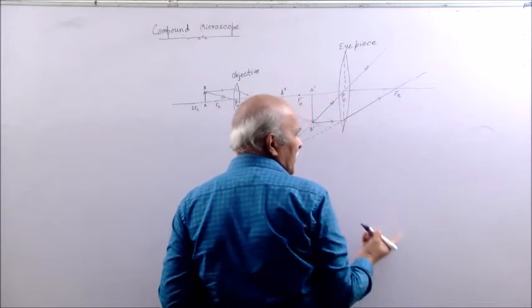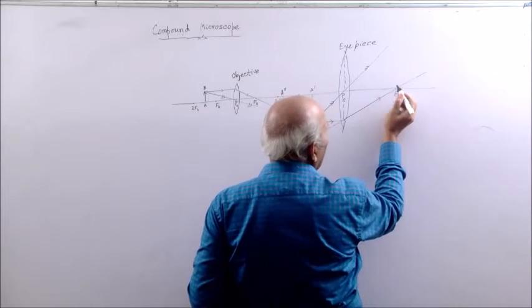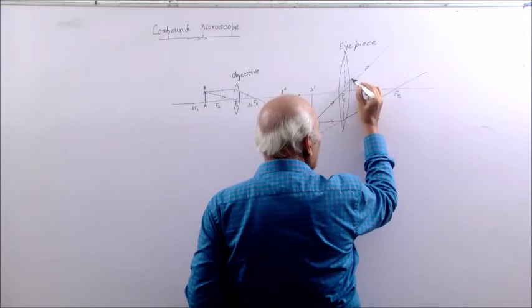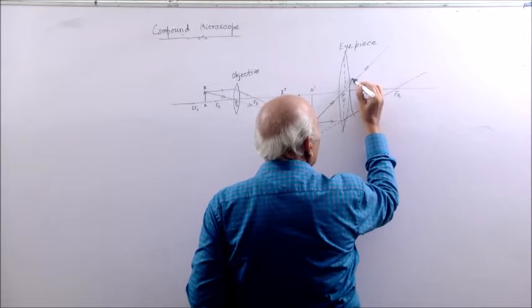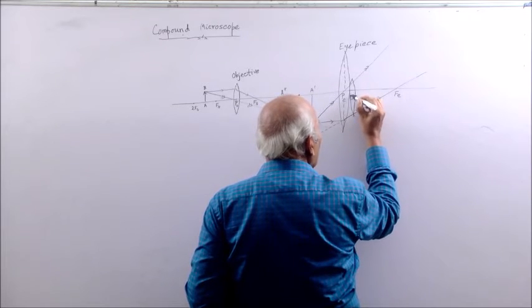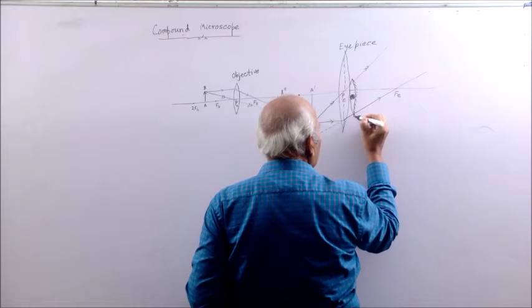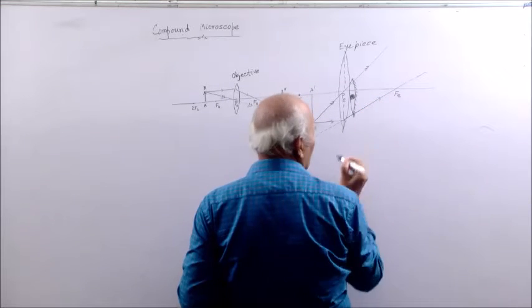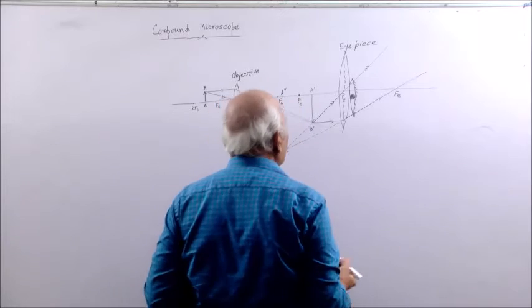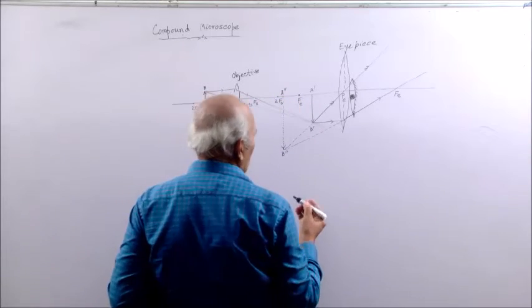And here also, in the same way, you can keep the eye close or away, but for greater magnification the eye should be close to the eyepiece, so that the small a of the simple microscope becomes 0.